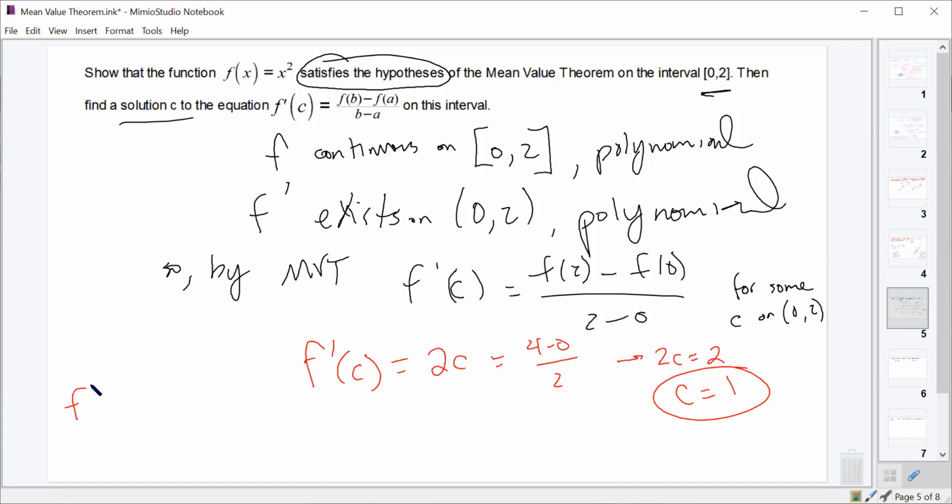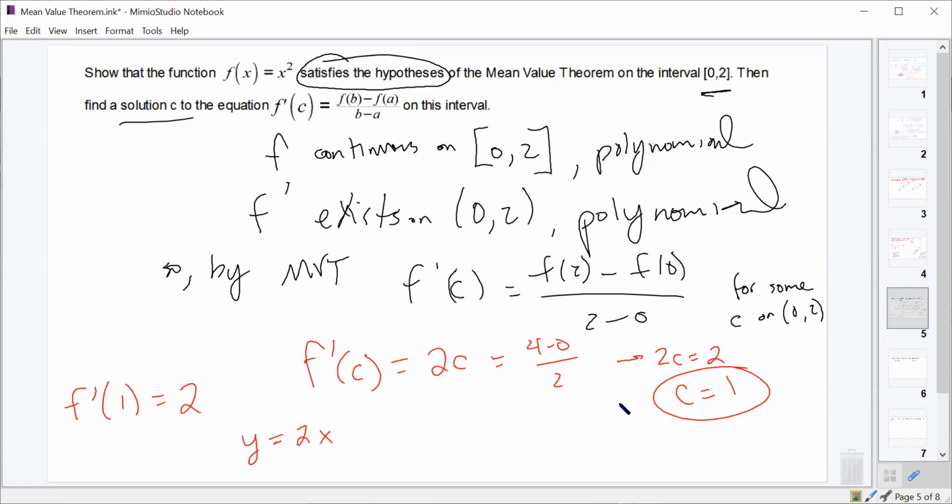What's f prime of 1? Or what is this slope? We should have got a slope of 2, right? So one of these equations should be y equals 2x for the one that goes through 0, 0.